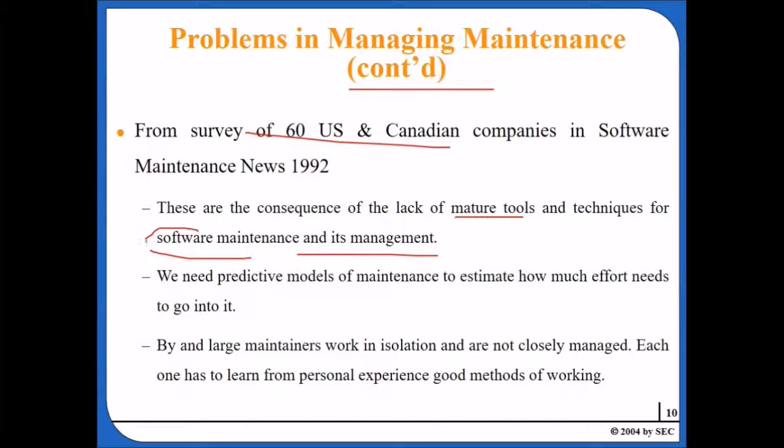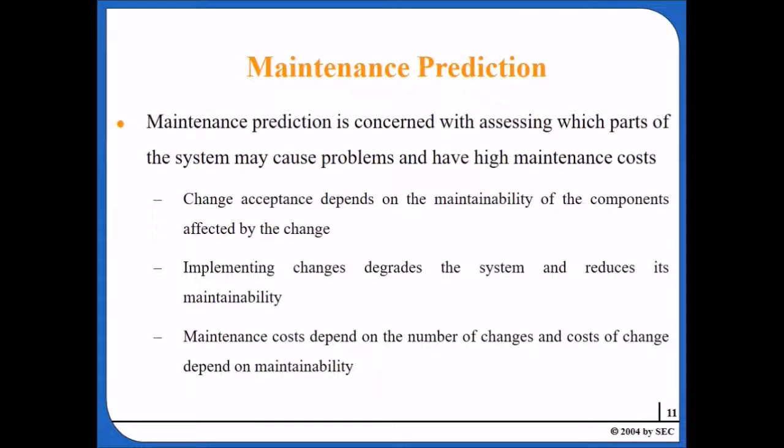So everywhere software maintenance takes its place and role. So we need predictive models of maintenance to estimate how much effort needs to go into it. By and large, maintainers work in isolation and are not closely managed. So each one has to learn good methods of working from personal experience.